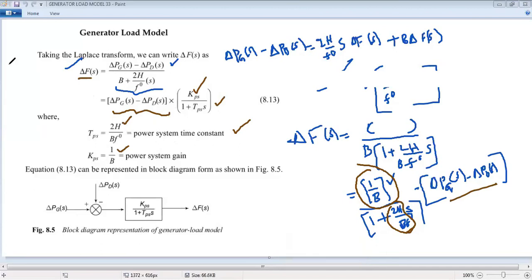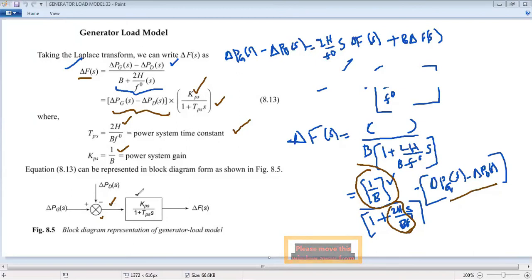So here you can observe there is a minus point. Delta Pg of s minus delta Pd of s is given as an input to the Kps by 1 plus Tps into s block, and the output you will get is delta f of s. For that you have taken one summing block, delta Pg of s and minus delta Pd of s, and the output of this is delta Pg of s minus delta Pd of s.